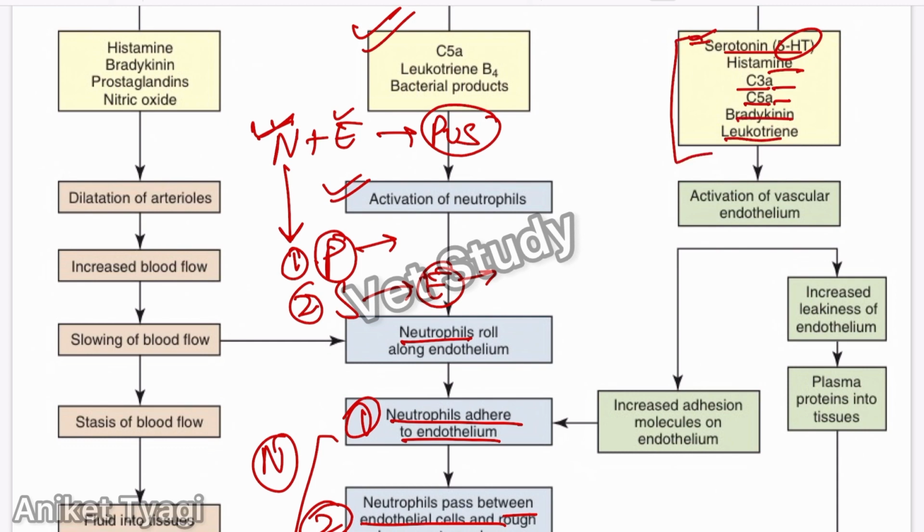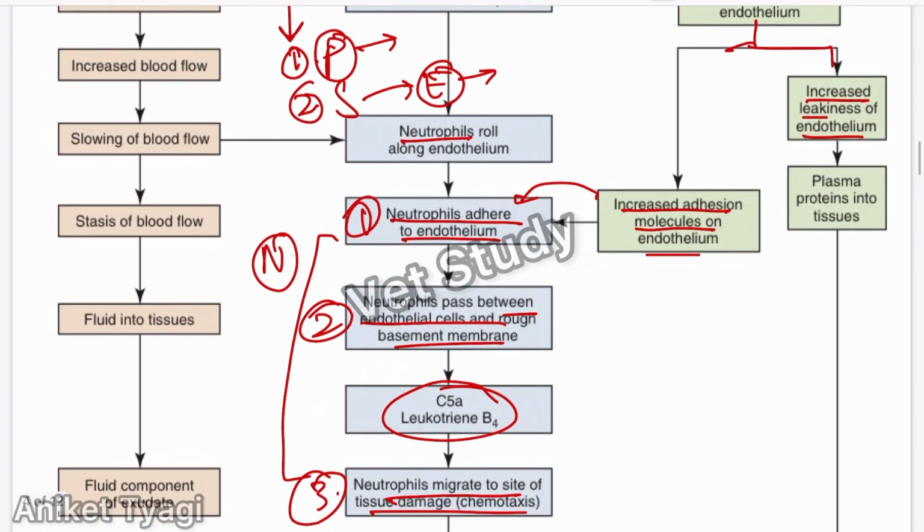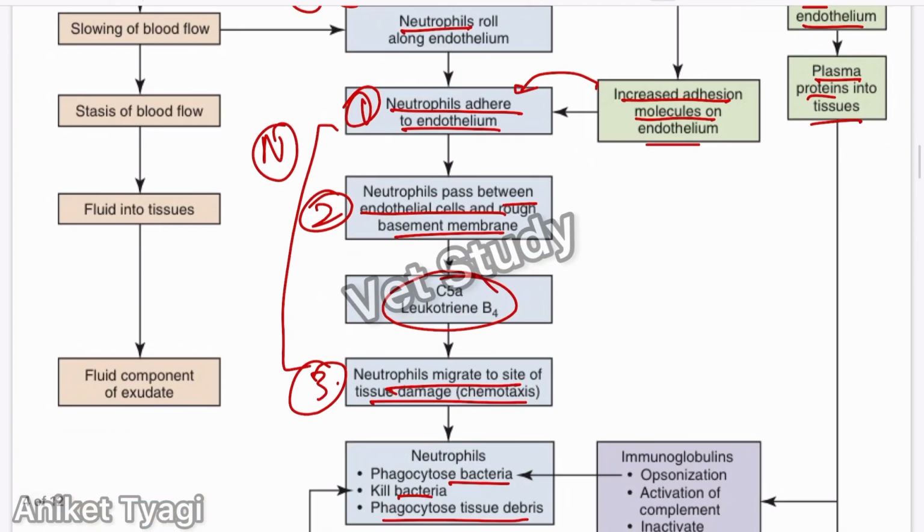So these chemicals will activate the vascular endothelium, and this will increase the adhesion molecules on the endothelium, and it will ultimately increase the adhesion of the neutrophil to the endothelium, or it will increase the leakiness of the endothelium, and due to this leakiness there will be more plasma protein in the tissue.